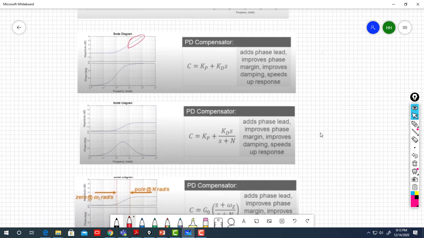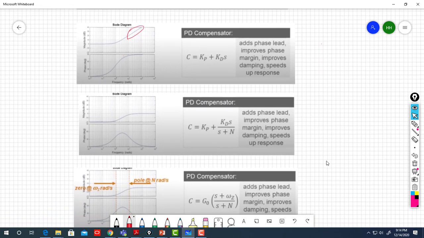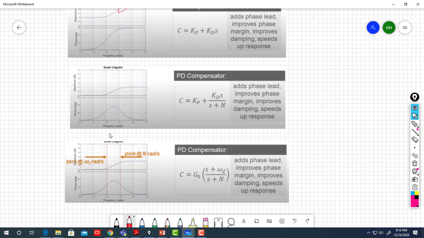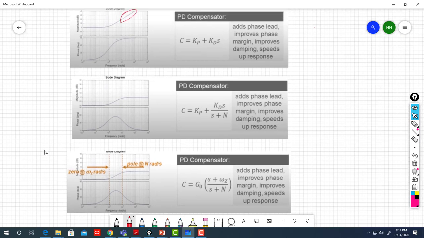And this is how to write it in basic form to draw the Bode diagram. We can do it this way, take S plus n common, and this is like p, so you can factorize it, so you finally get something like this, and you get omega z and n. So then you can draw the Bode diagram of it. Okay, and this is the PD compensator.